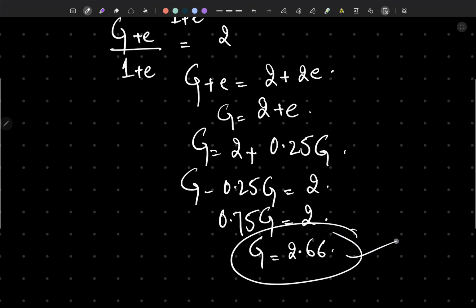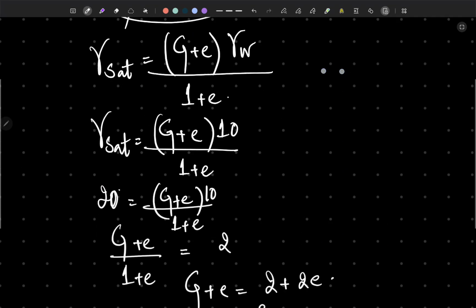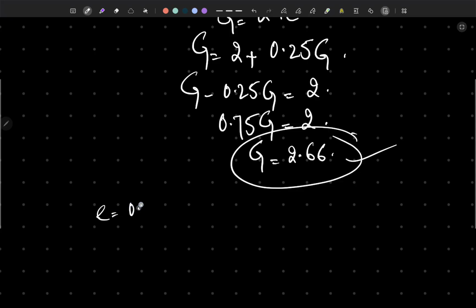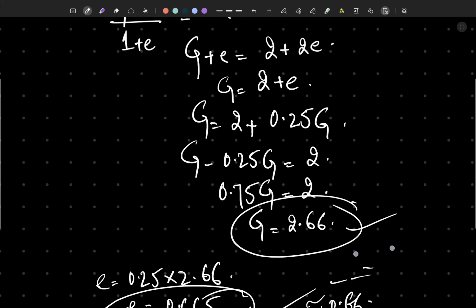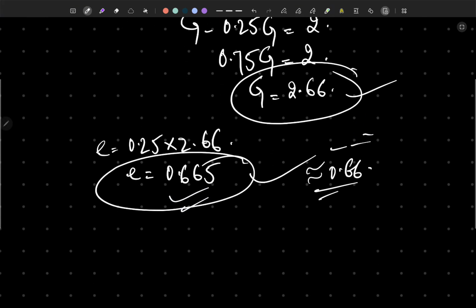If G is 2.66, from expression A, e is equal to 0.25 times 2.66, so e will be 0.665, or we'll use 0.66. This is how we used the condition that the soil was fully saturated and arrived at the void ratio, 0.66, and the specific gravity, 2.66.